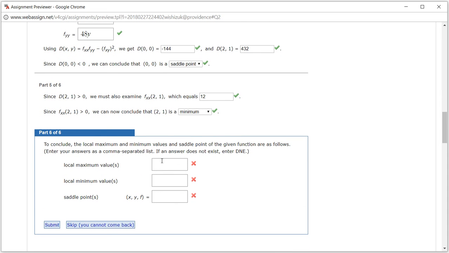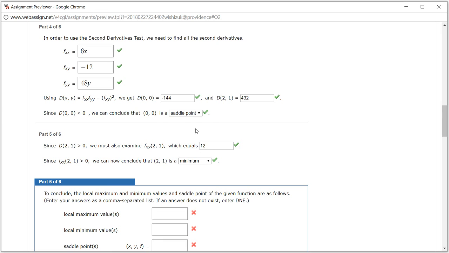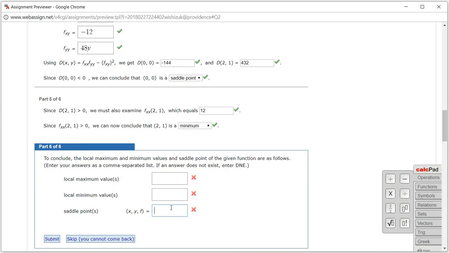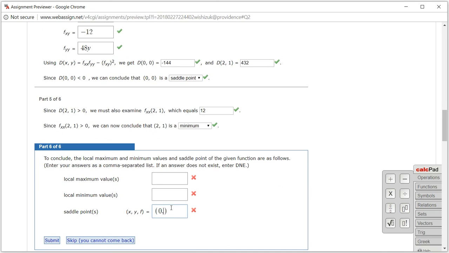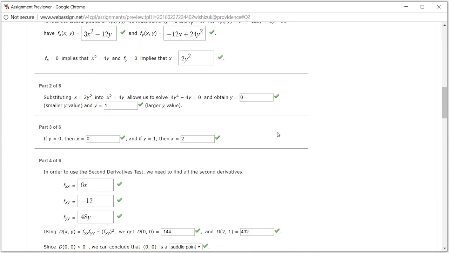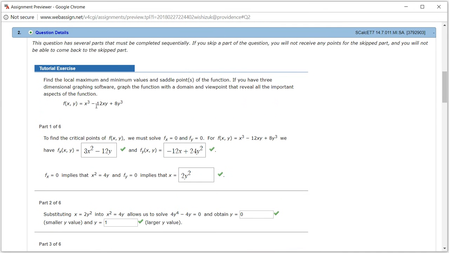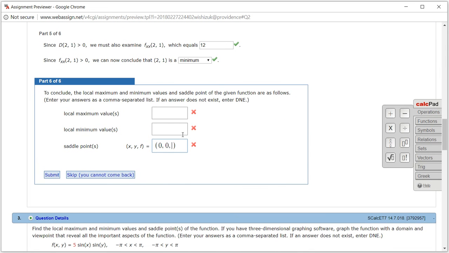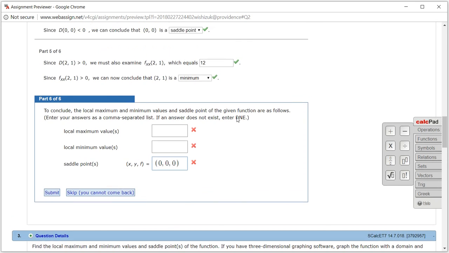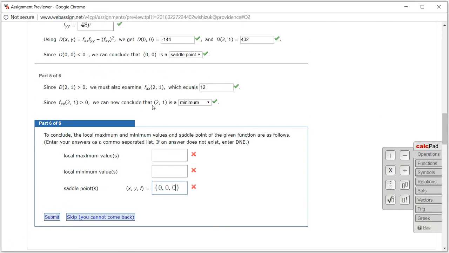We want to find the local max, the local minimum, and the saddle points. The saddle point is (0, 0). If you put x equals 0, y equals 0, the function is obviously 0, so it's (0, 0, 0). The local minimum happens at (2, 1).